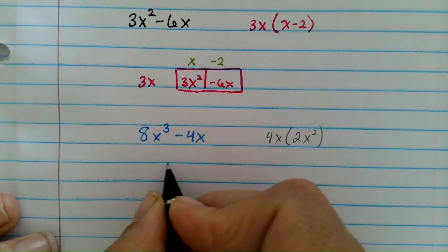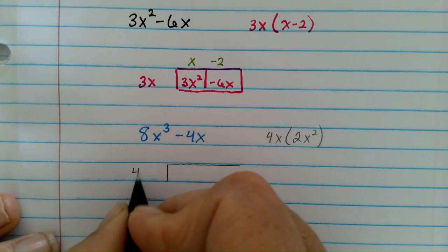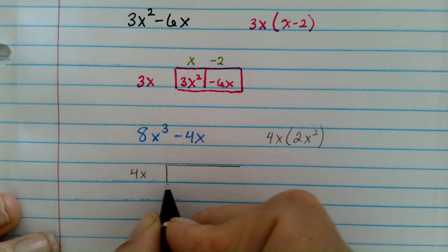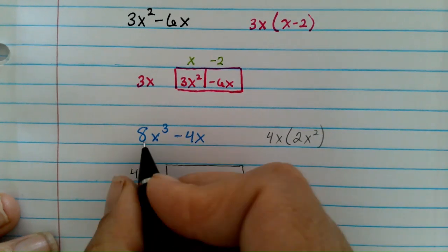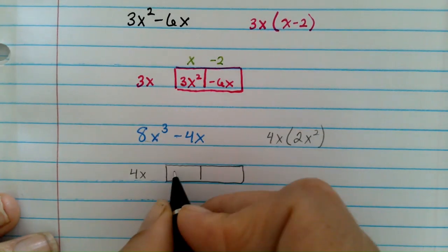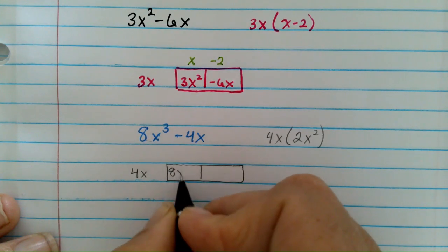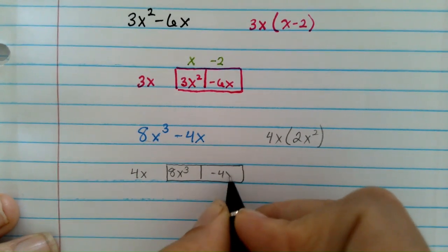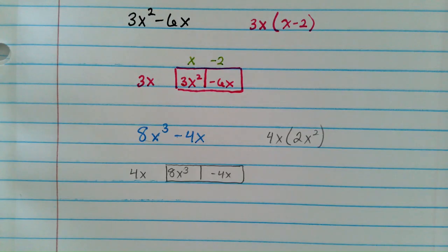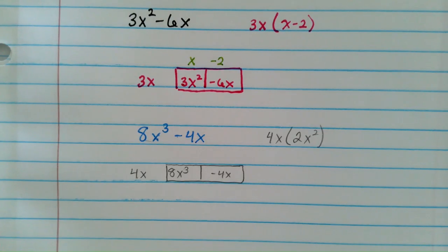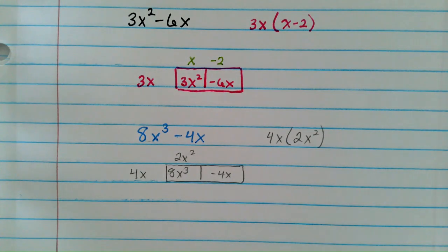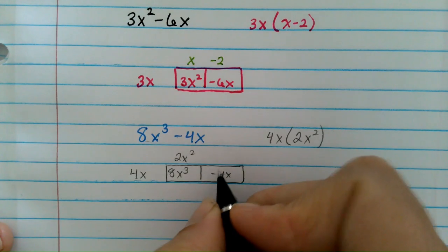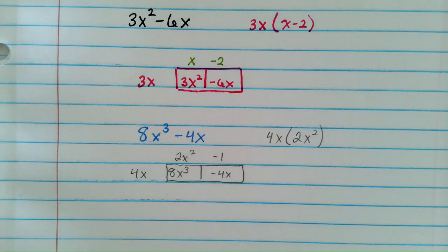Well, I agree that there is a GCF of 4x. And anytime you have a GCF, we would need a monomial. There's two terms, so we have to have two boxes, right? 8x cubed minus 4x. So when we're factoring, they give us the inside and we have to get the outside. So I agree that there's a 2x squared here, but that only gets us that first box. What do I need to get my second box? And the thing is I need a minus 1.